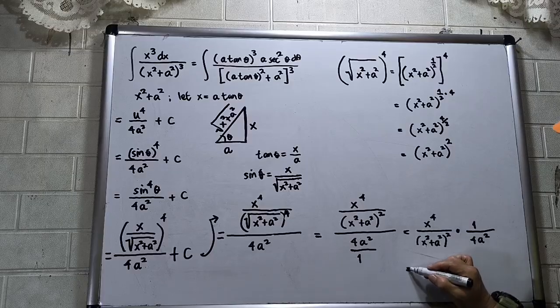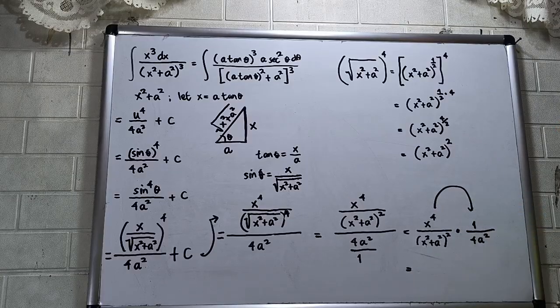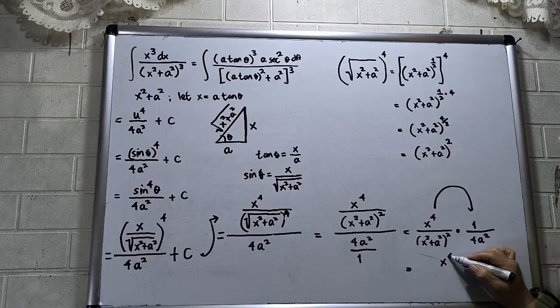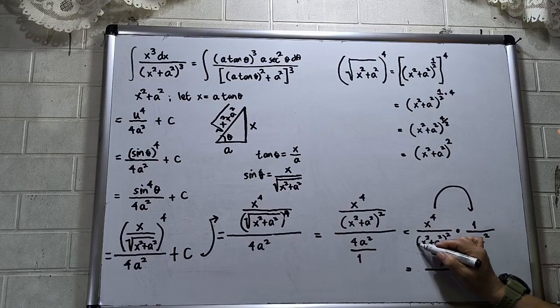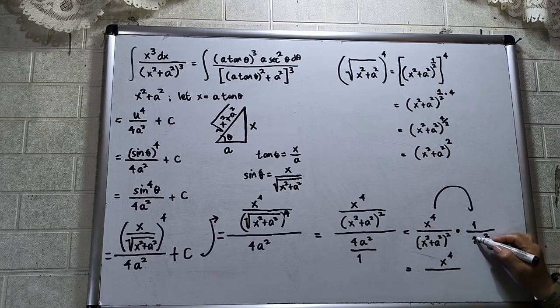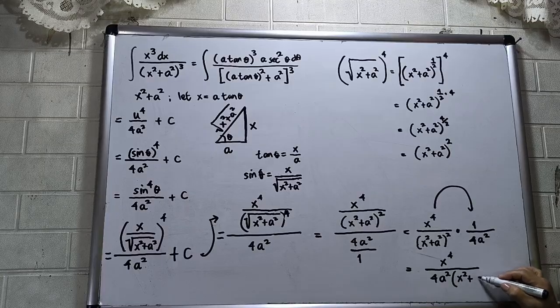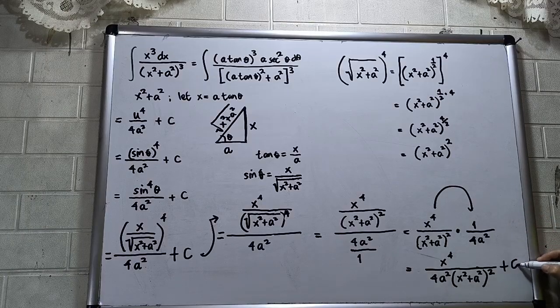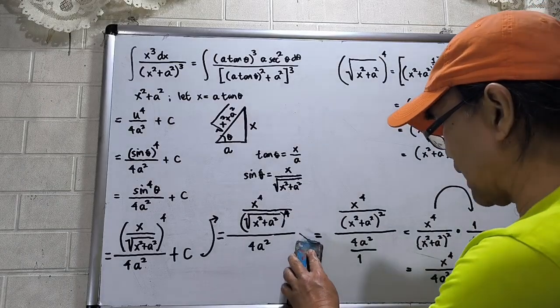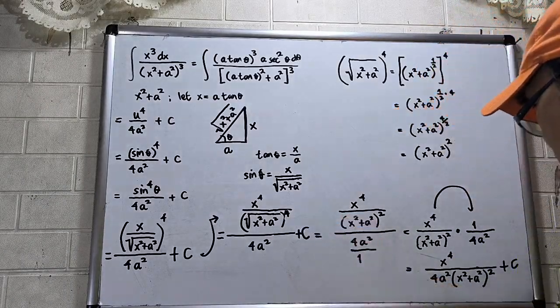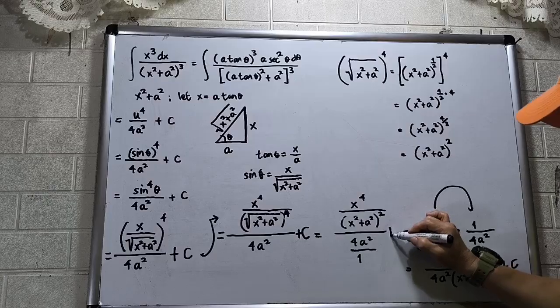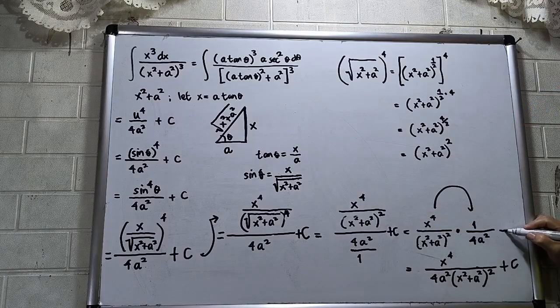So multiplying, this will be equal to x to the fourth over 4a squared times x squared plus a squared, then squared. So this will be plus c. Okay? I forgot to write plus c in here. Sorry. This one also plus c. This one also is plus c.